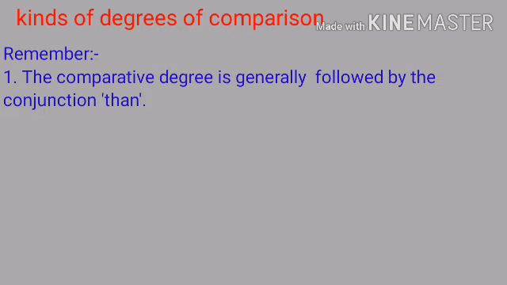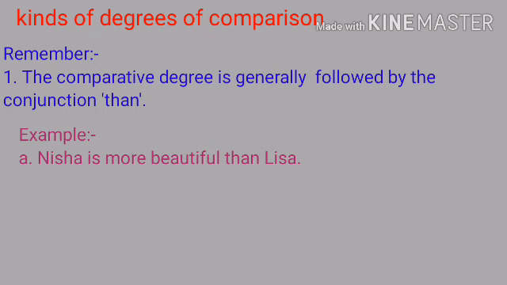Students, remember, the comparative degree is generally followed by the conjunction than. For example, Nisha is more beautiful than Lisa.